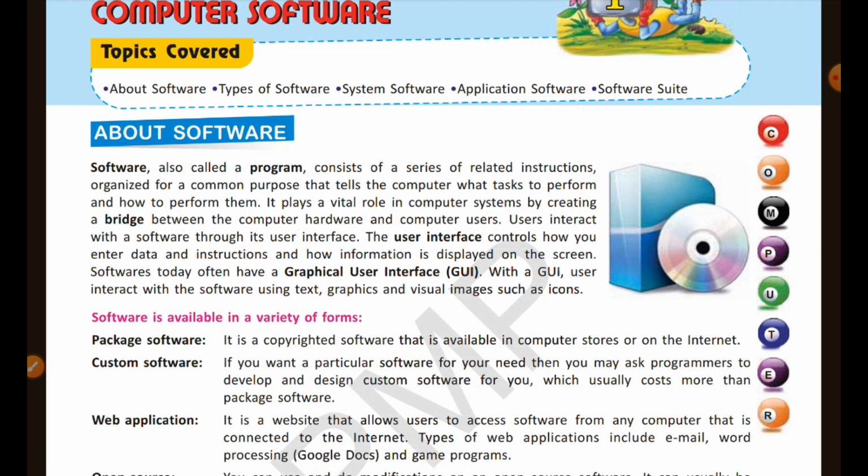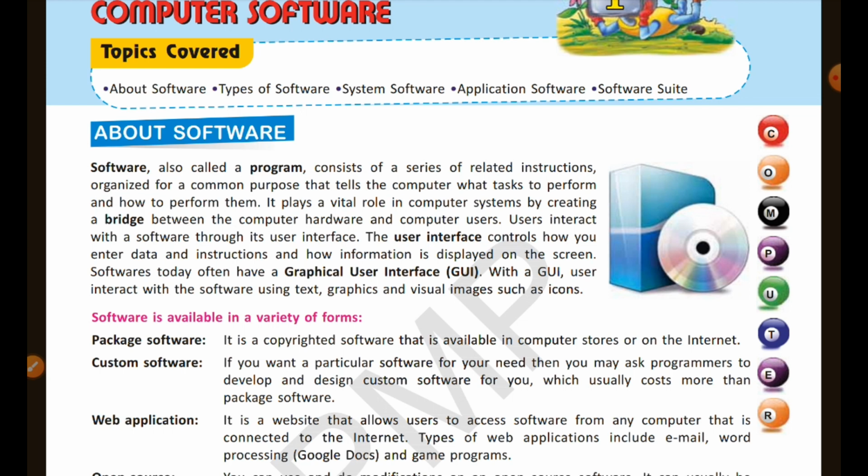Series of instructions means a group of instructions in which the task for the user is assigned. Means you have a game, it is a software, or YouTube, it is a software which has a series of instructions to help the user to perform their task.